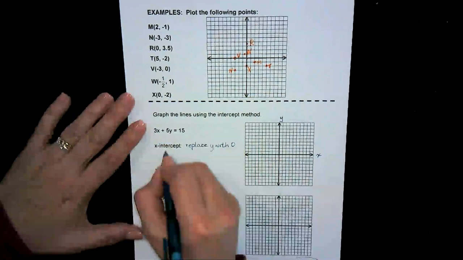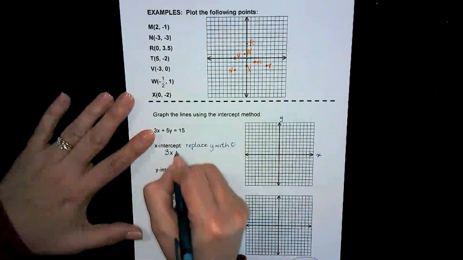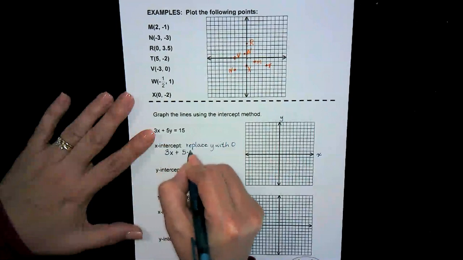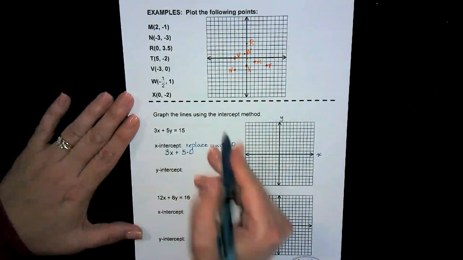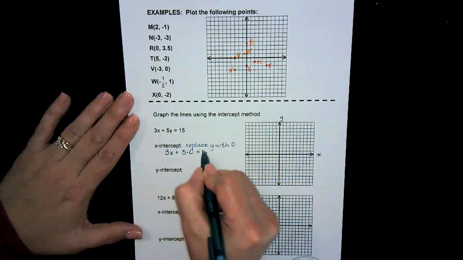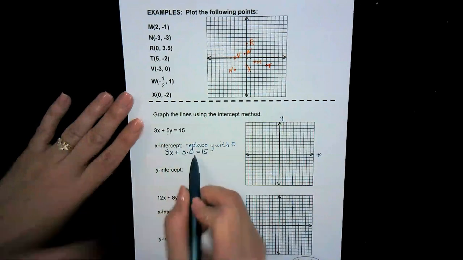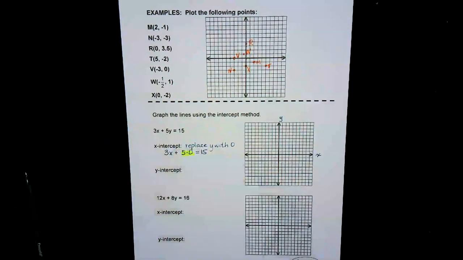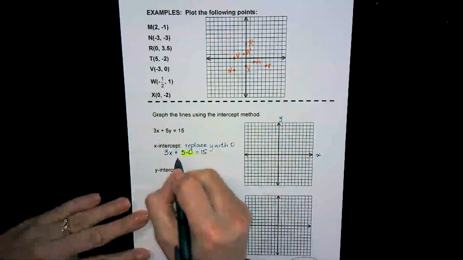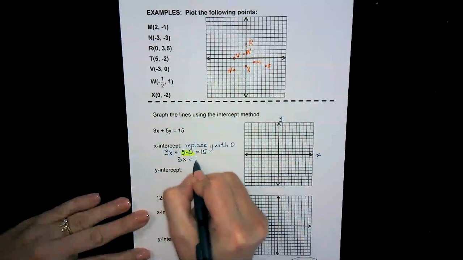In place of the y, I'm going to put a 0. So 3 times x plus 5 times 0. See, anytime a number is written beside a variable, it means to multiply. Well, we know 5 times 0 is 0. So now I have 3x equals 15.